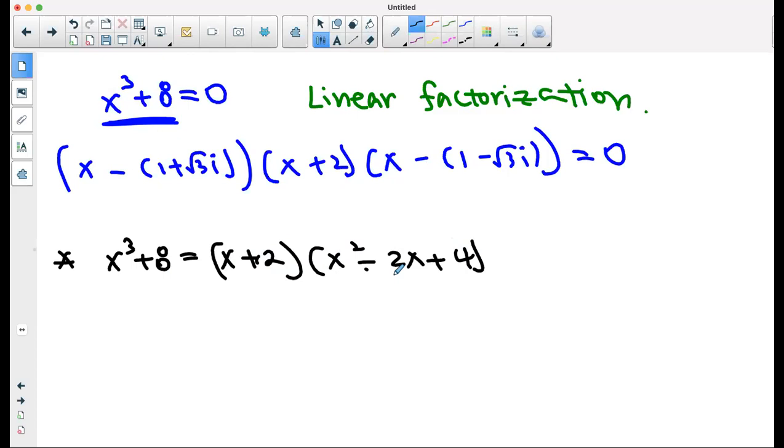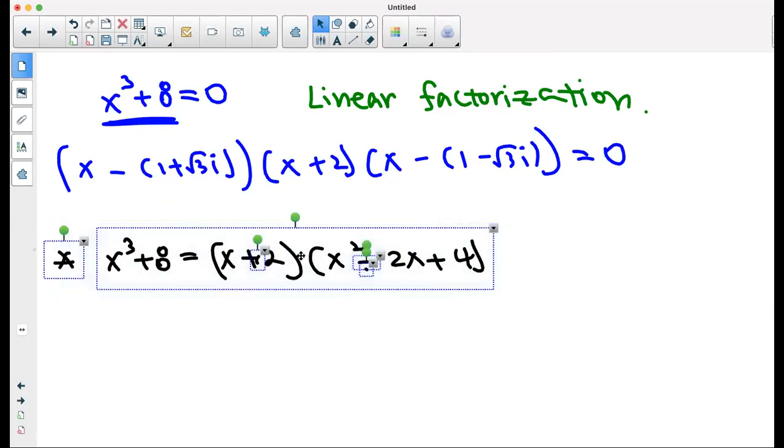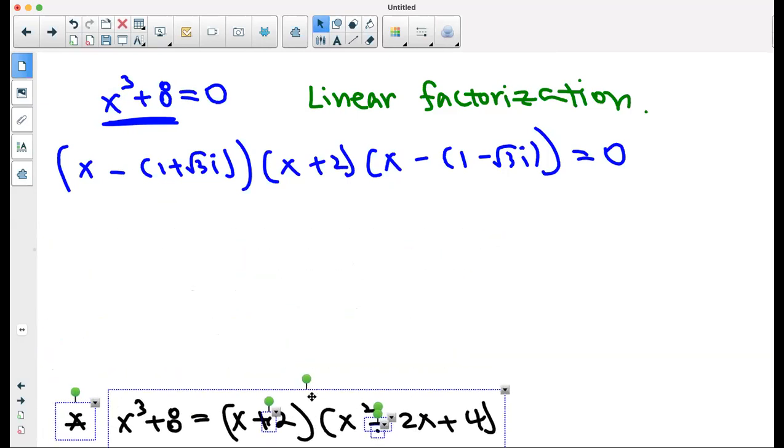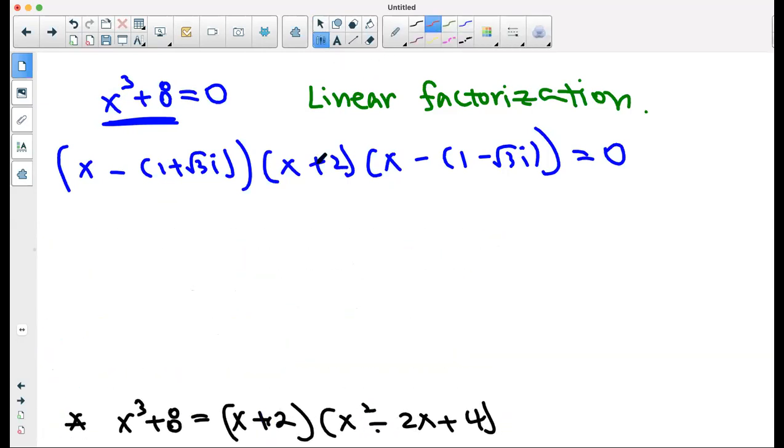Oh, wait a minute. Then my job right now is I should be able to manipulate blue and then make it look like black. Is that clear, guys? So what I'm going to do is I'm going to rewrite this one in the front. X plus 2. Is that clear, guys? And then guess what I'm about to do?